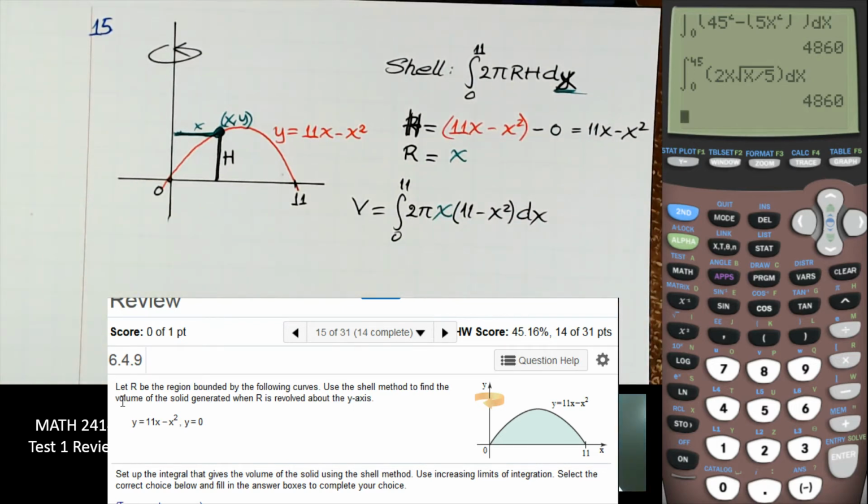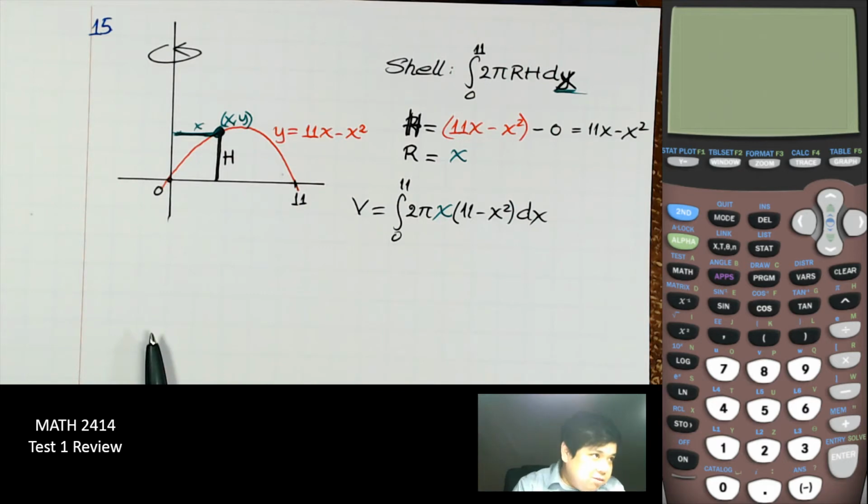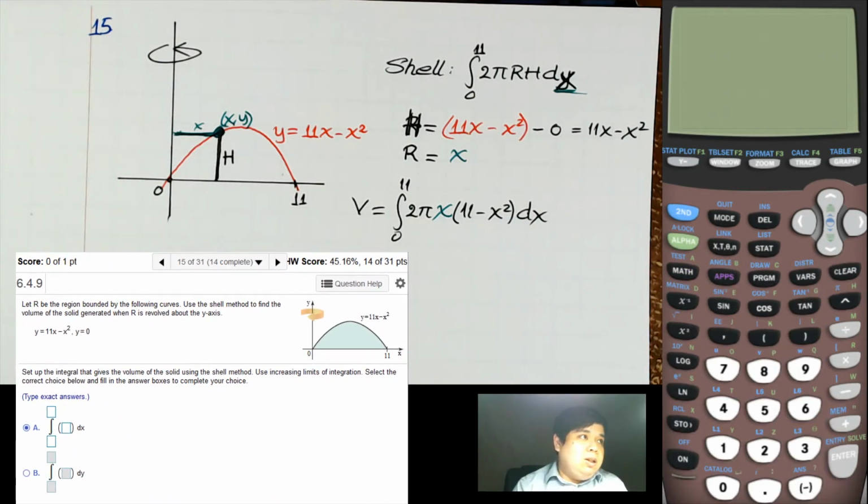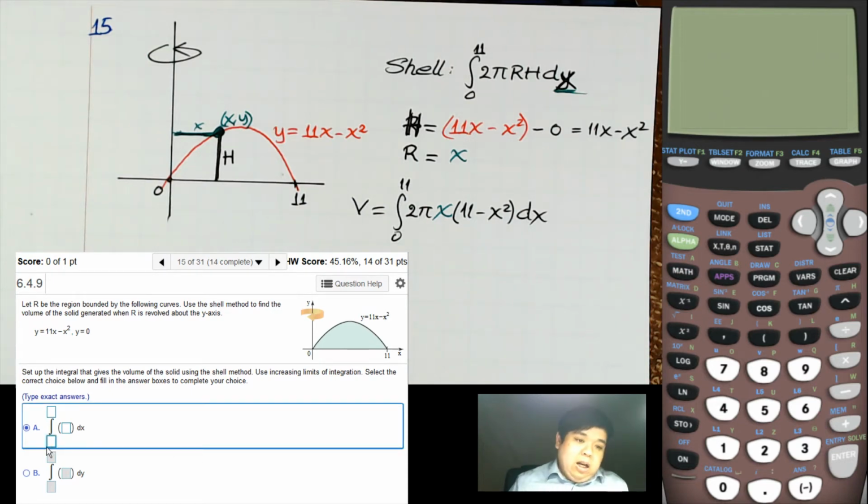So they just want to set it up. We use the x. Sorry, you don't see that. Right, so we use dx. Limit from 0 to 11.